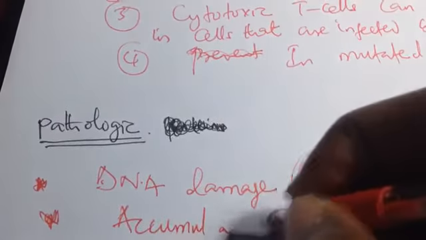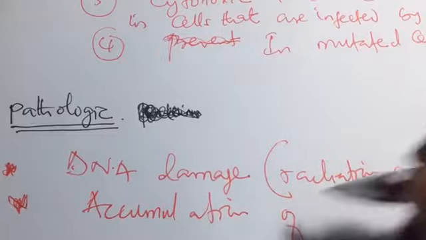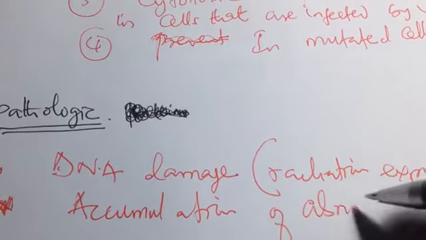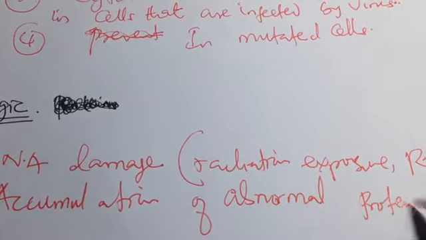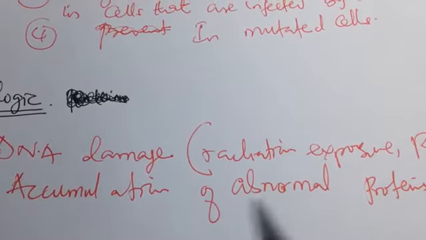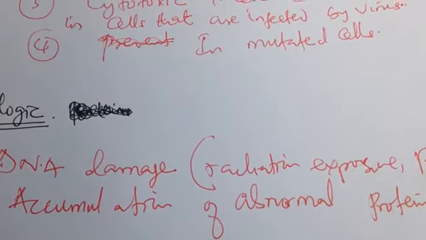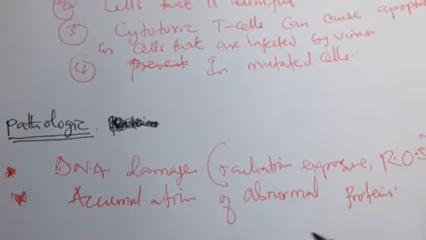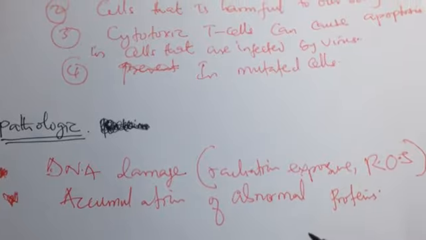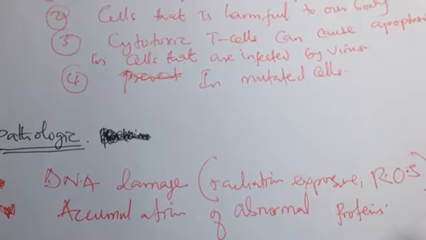And also we have another cause, accumulation of abnormal proteins or misfolded proteins. As we already know, because proteins are synthesized in large quantity, some proteins are misfolded during the protein folding, right?